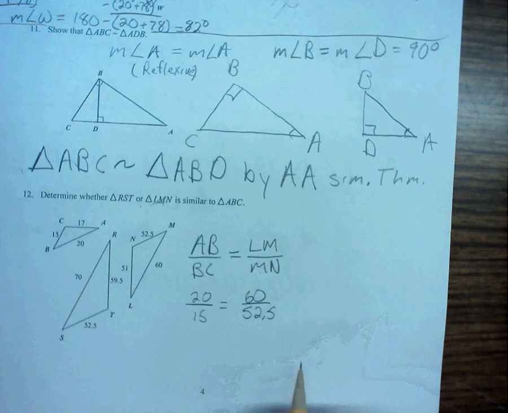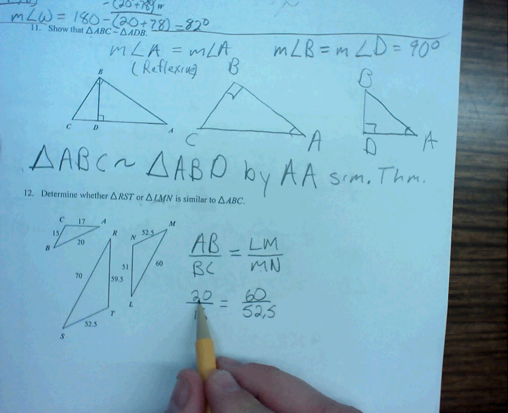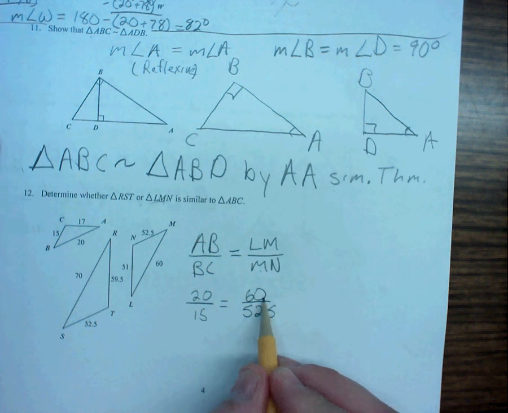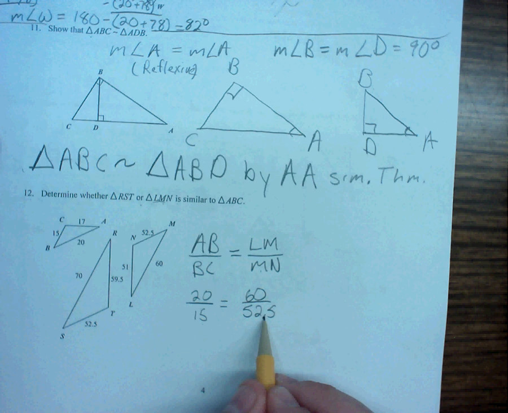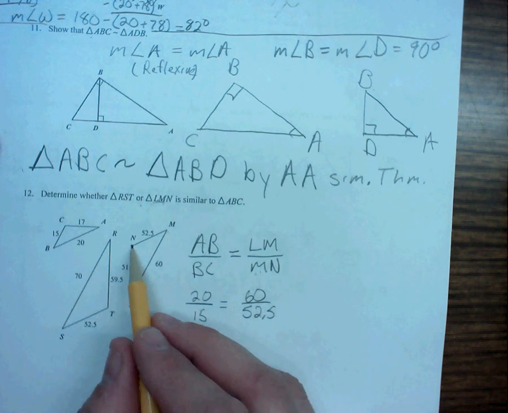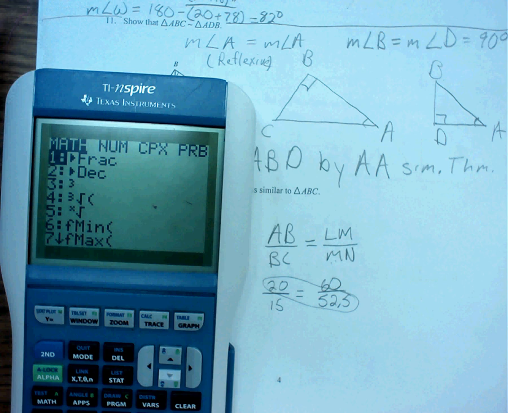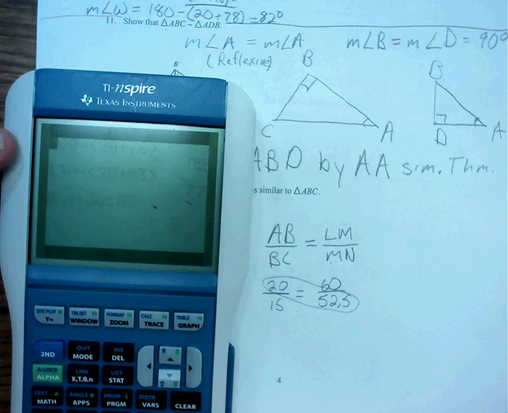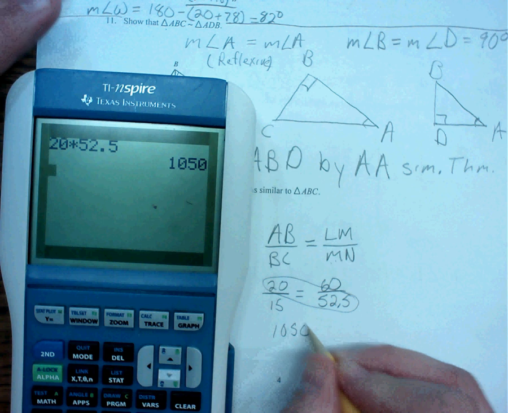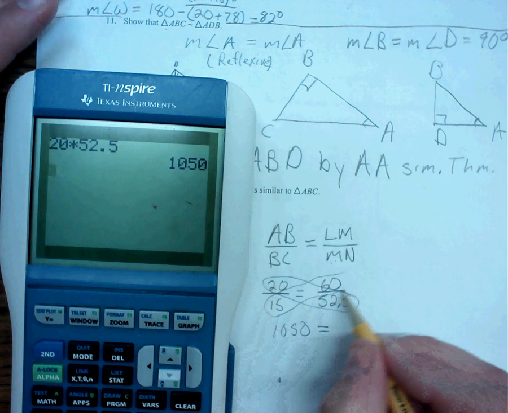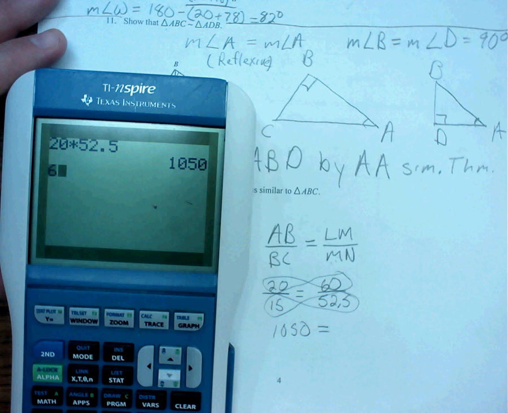Now, I already know that they're not similar because the scale factor is 3. In other words, 20 times 3 equals 60, but 15 times 3 equals 45. Let me double check this. MN 52.5. So when I cross multiply, an interesting thing will happen. 20 times 52.5, I'm going to get 1050, and then if I cross multiply again, 60 times 15, I get 900.